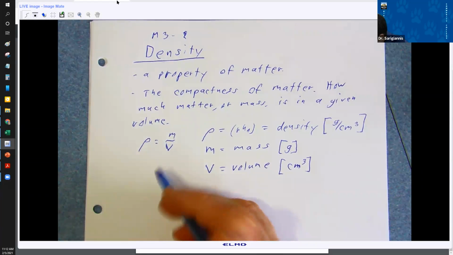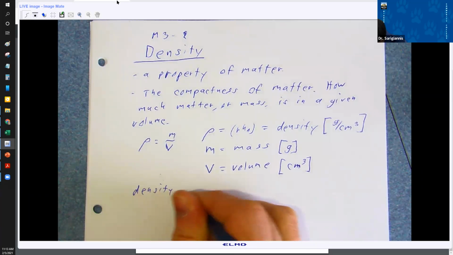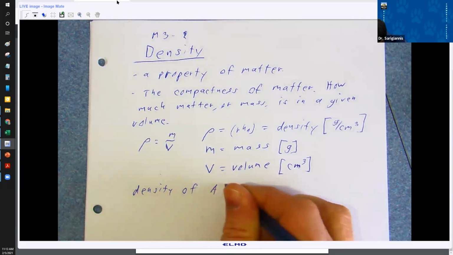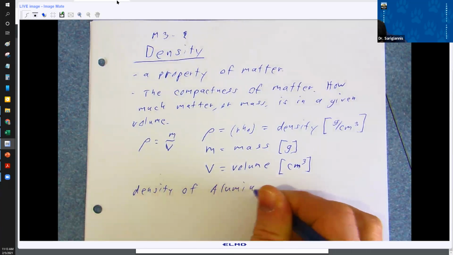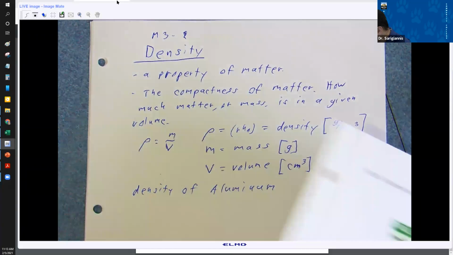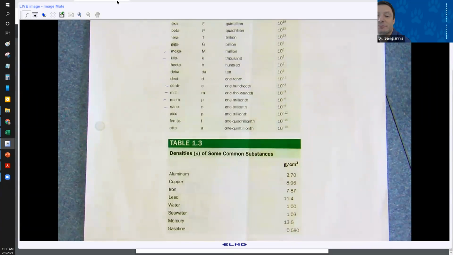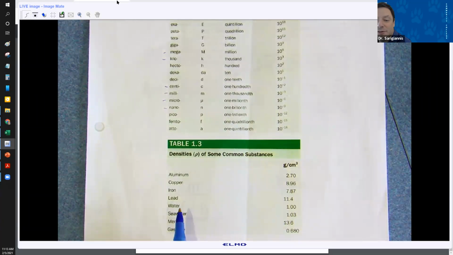All right, so let's look at the density of aluminum. If I go to the table here, there's a table from your textbook, table 1.3.